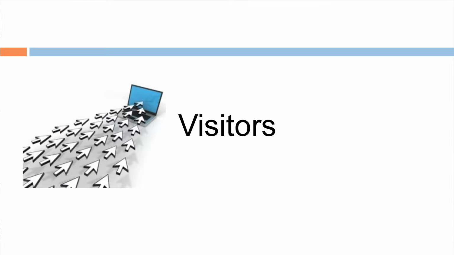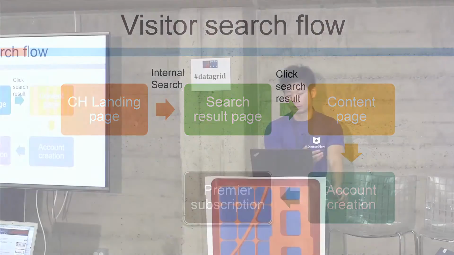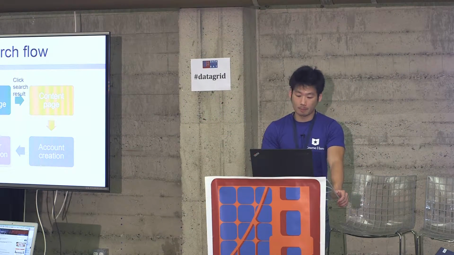We'll focus on visitors first. So here's a typical flow for a visitor. A visitor will come onto our landing page. They will perform a search on our internal search bar. And then if they see something that they like, they'll click on the content. And if that content is indeed what they need, then they'll go ahead, create an account, and convert into a premier subscriber.